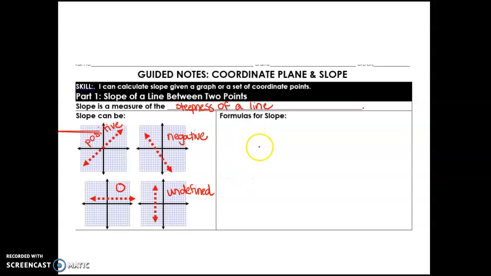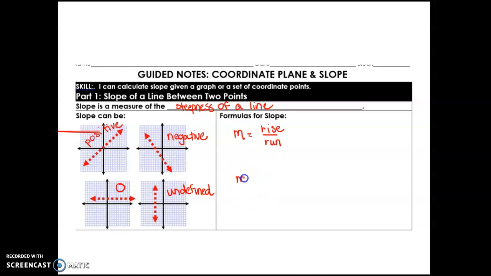There are two formulas that we're going to use for slope in this case. And slope is always defined by m. Okay, don't ask me why we don't use s, but we always use m to define our slope. So one of the formulas we're going to use is rise over run.